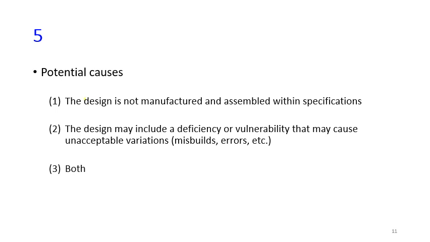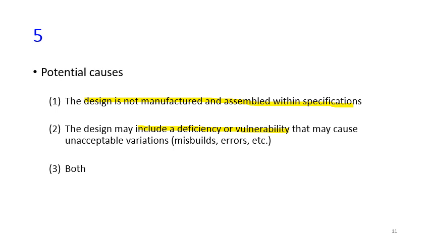The design is not manufactured or assembled within the provided specifications. So it is produced out of the specifications, or it is assembled out of the specifications. Or maybe the design itself includes a deficiency or vulnerability that may cause unacceptable variations.